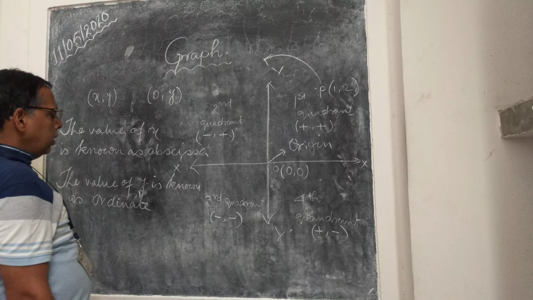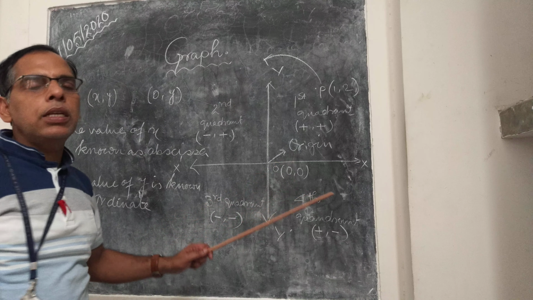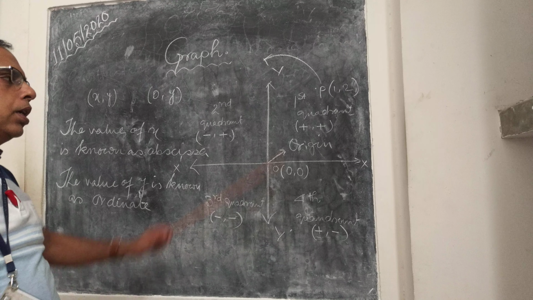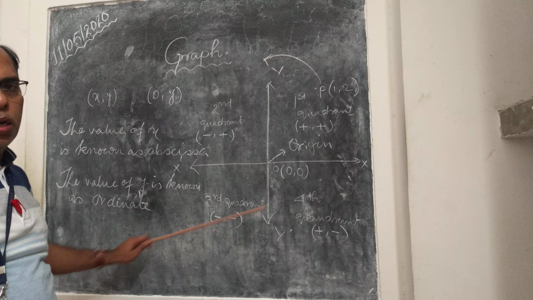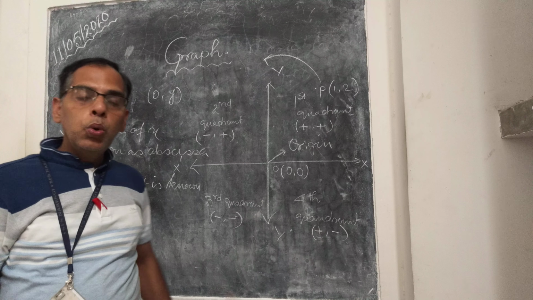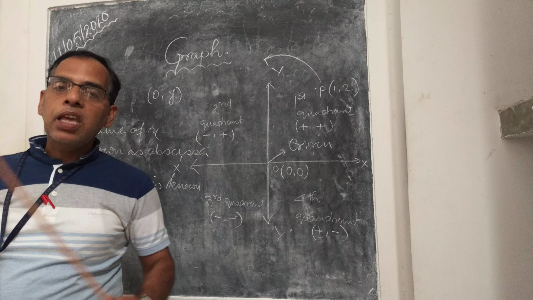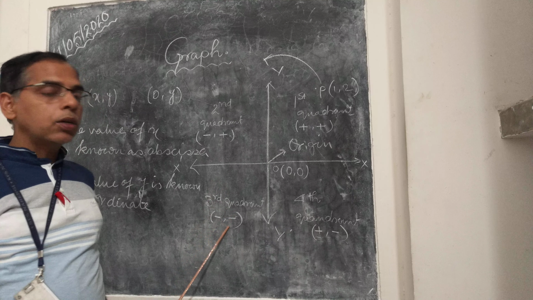The next: these two coordinate axes divide the plane into how many parts? 4 parts. Each part is known as a quadrant: first quadrant, second, third, fourth quadrant. Which are the two quadrants where x and y have the same sign? The first quadrant and the third quadrant.